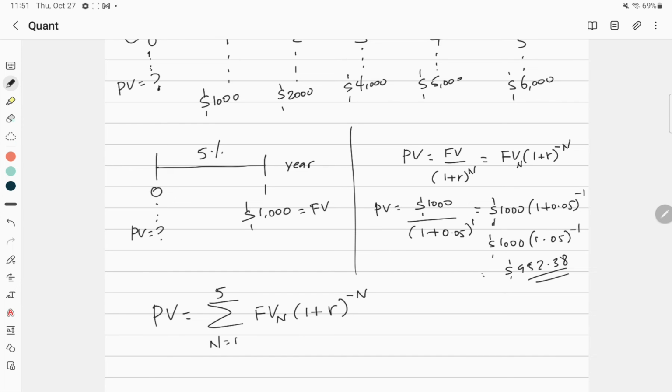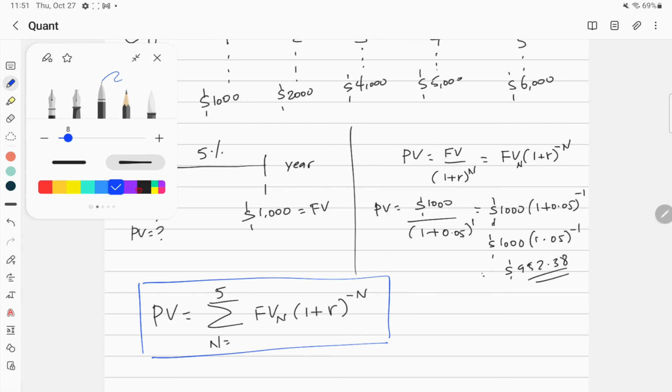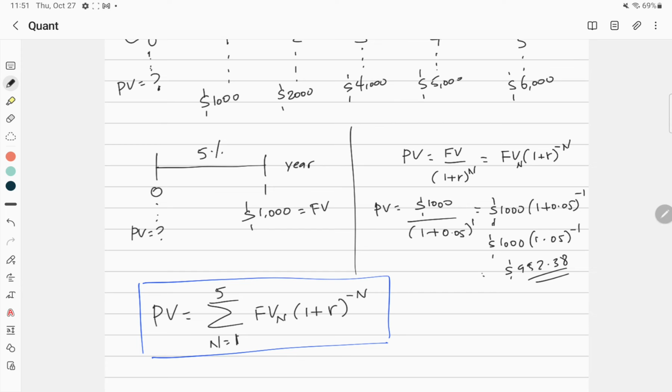This will be our formula. It's just that we are going to do a summation, since these are unequal cash flows.